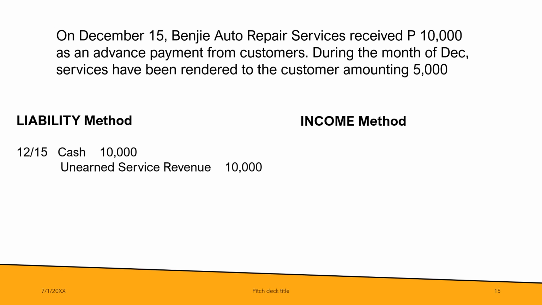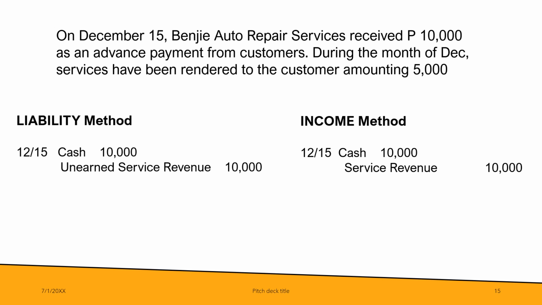So that is unearned service revenue, the same amount, 10,000. Again, unearned service revenue is a liability account. How about the income method? The same debit, 10,000. However, instead of unearned service revenue, it used the service revenue account or service income account, the same amount, 10,000.